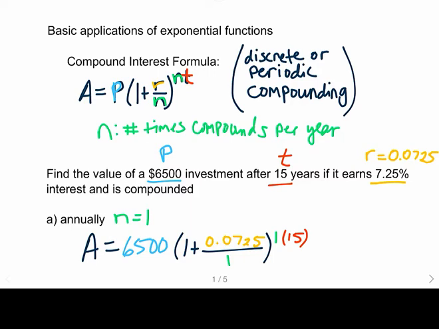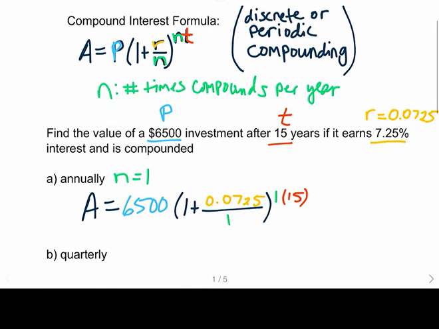At this point, this is simply a calculator exercise. When I put this into my calculator, I get that A is approximately $18,572.61. With money, we're going to round off to 2 decimal places because that makes sense.